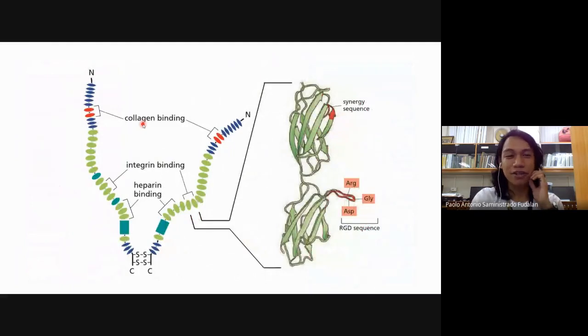And then we have this molecule. So what is this molecule called? This illustration is actually not from your textbook.